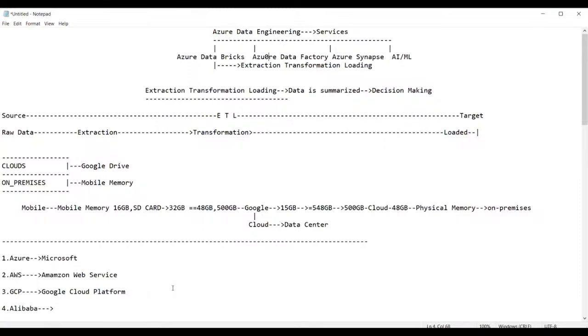Now you can ask me any questions if you have. Please go ahead. Sir, there is a coding part in the curriculum, so do we need to learn coding as well? Yes, of course. Whichever coding is required, we will discuss it in the class itself.